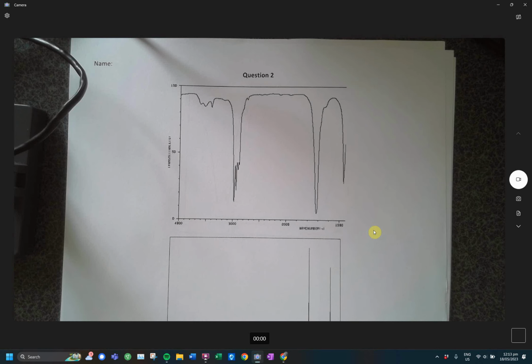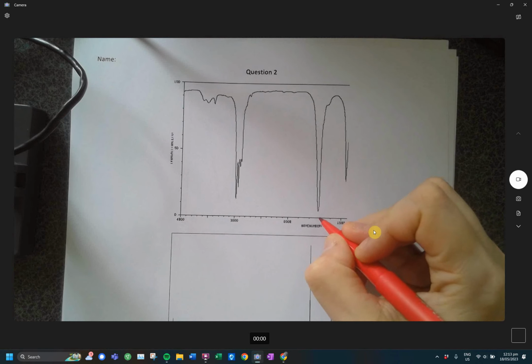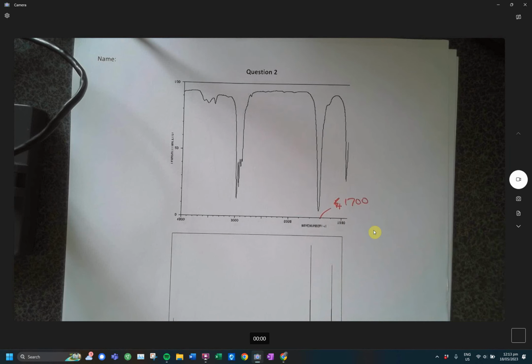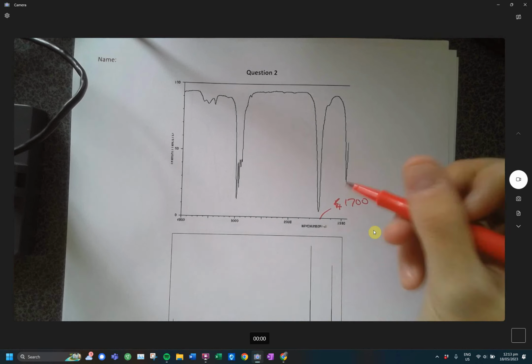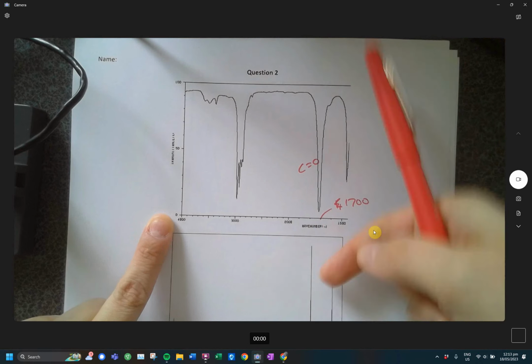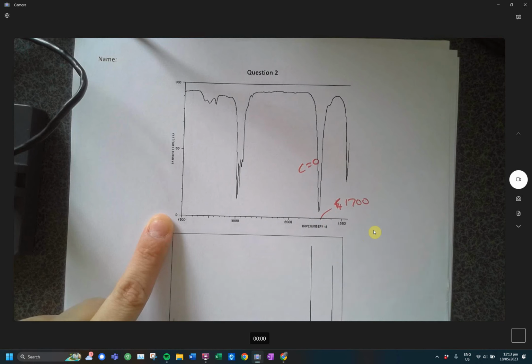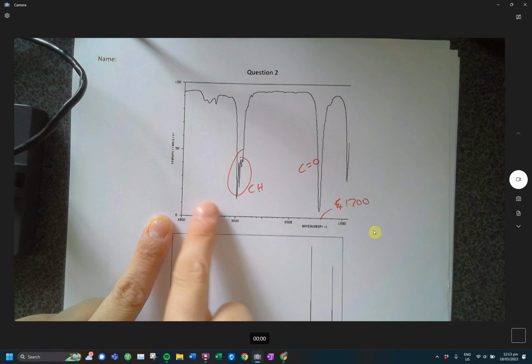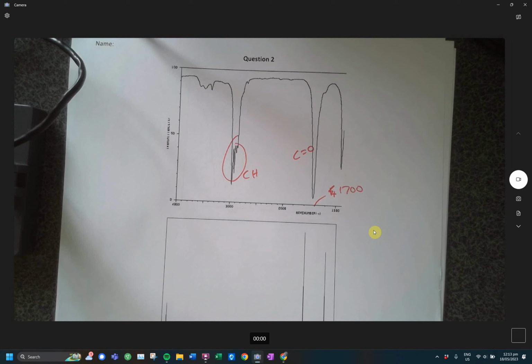All right, so first thing we're looking at 1700. I'm asking you, what do you think? That is a carbonyl. Look at how sharp that one is. All right, we're looking at our CH, and then I'm looking at the neighboring region over here. Do I think anything's there?